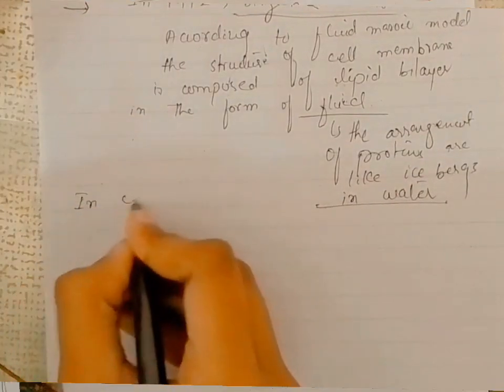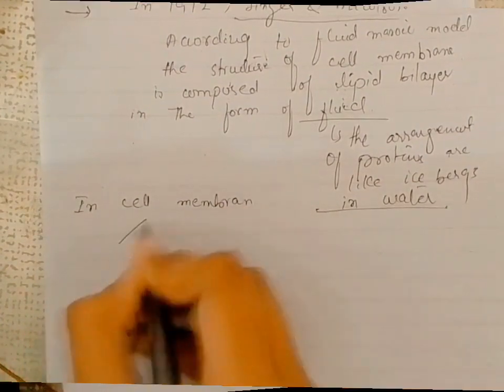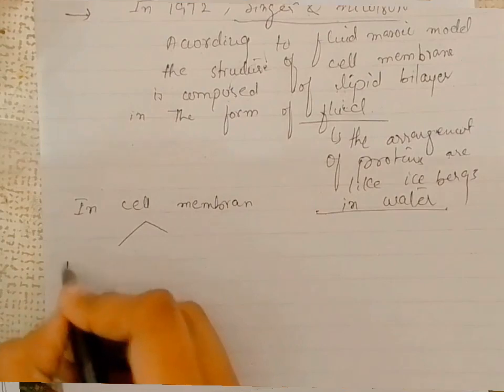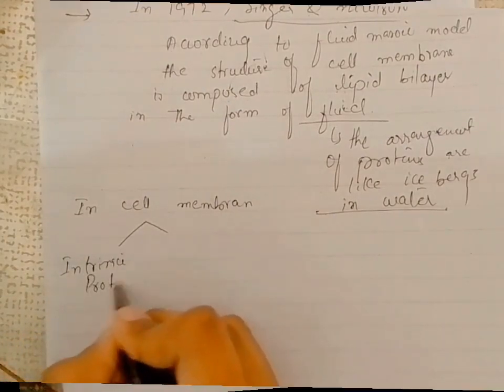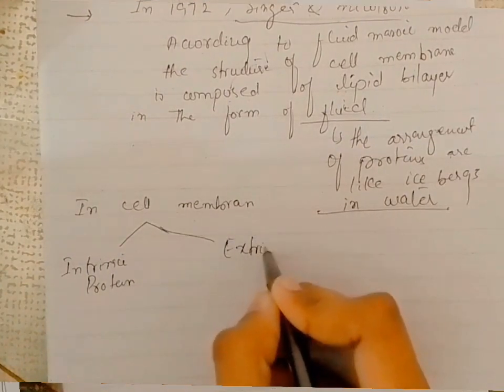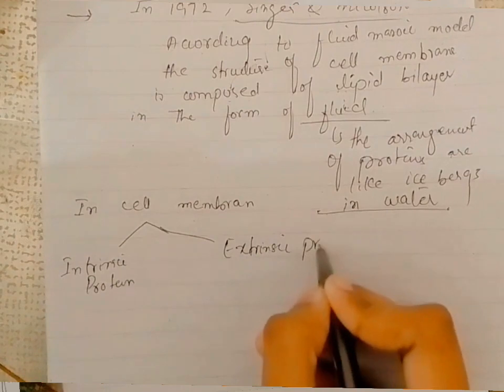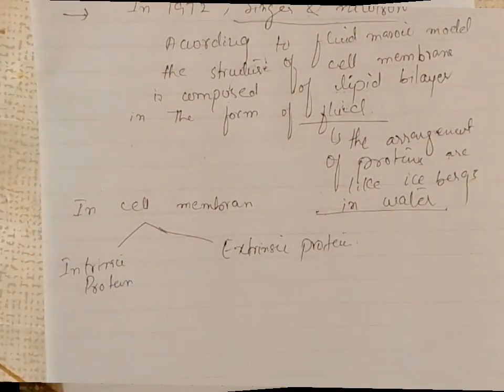Now in the cell membrane there are two types of proteins: intrinsic protein and extrinsic protein. What is the difference between intrinsic and extrinsic?